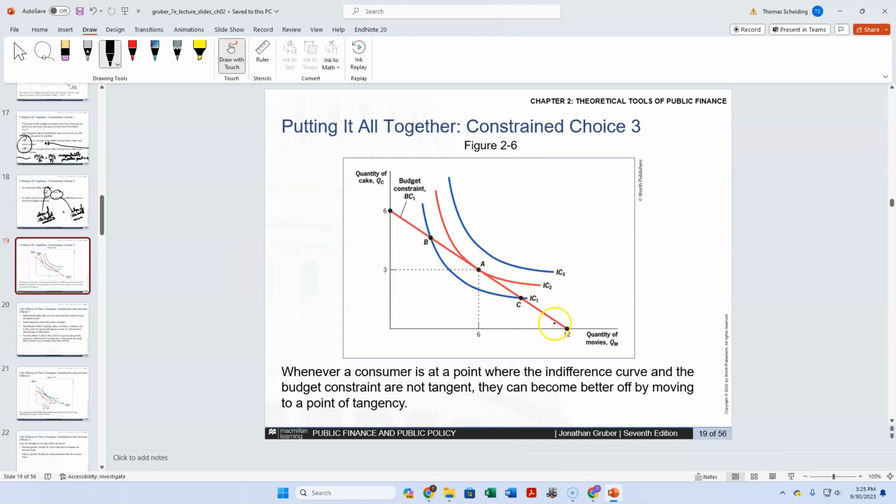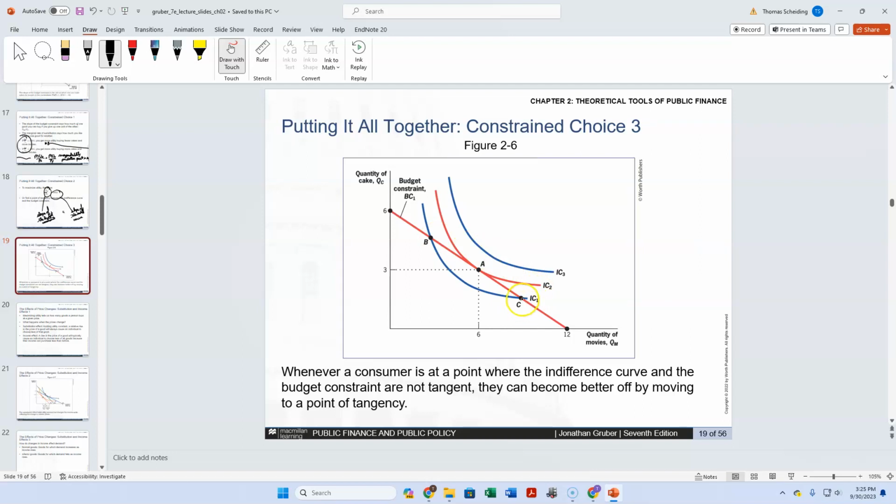And at that same budgetary level, at point B, the person is consuming, in this case, where the slope of the marginal rate of substitution, the slope of the indifference curve, is steeper than the budget constraint.